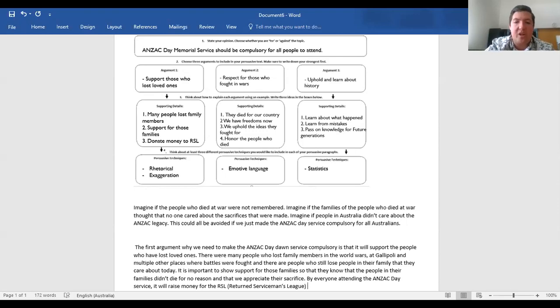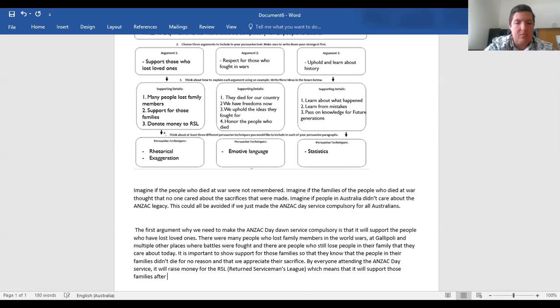The fact that it will raise money for the RSL, which means that it will support those families. Anzac Day. Now, I've got a lot of information there.